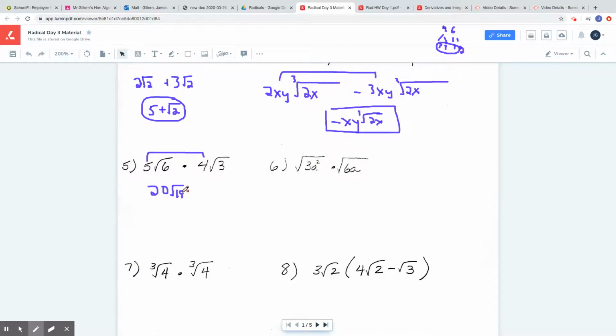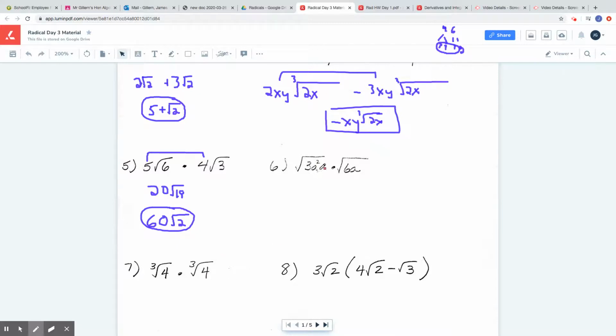Now the problem is 18 can be simplified. 6 times 3, and 6 is 3 times 2, so I'm going to end up with something that I can pull out. 18 we know is 3 root 2. So I have to pull out a 3, but there's already 20 outside. So 20 times 3 is 60. So I get 60 root 2.